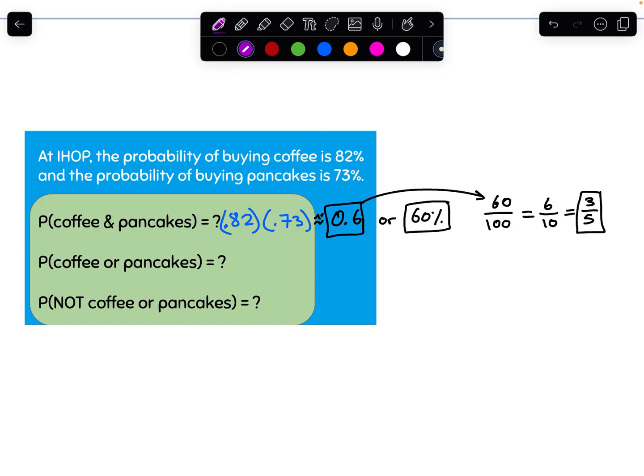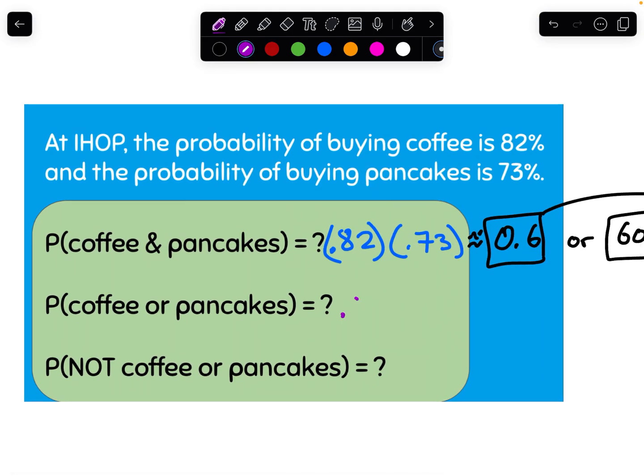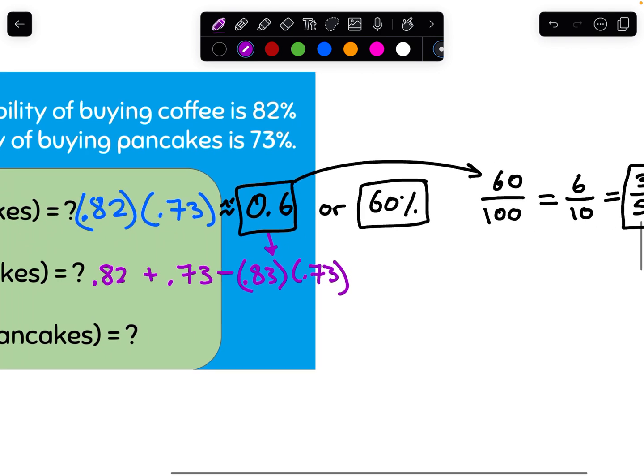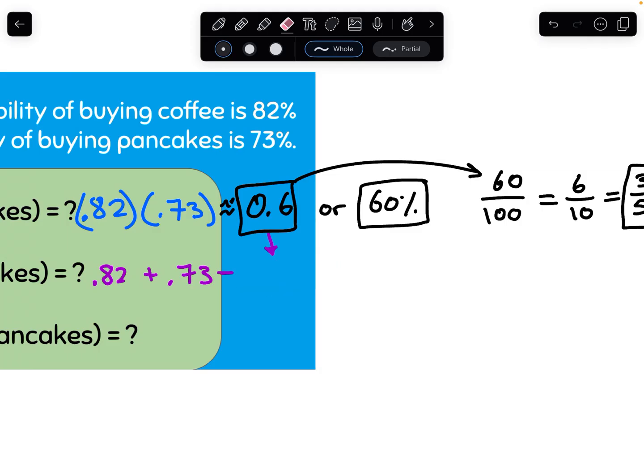So for coffee or pancakes, we are going to add the probabilities, so 0.82 plus 0.73, but we have to subtract the product of them both happening. So we'd have to multiply 0.82 times 0.73, but we already did that up here. 0.82 plus 0.73 would give you more than 100%.